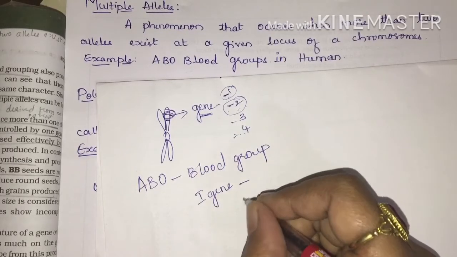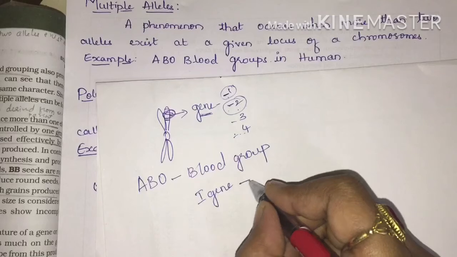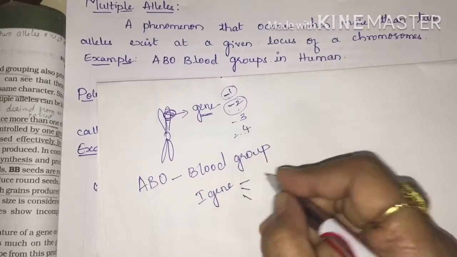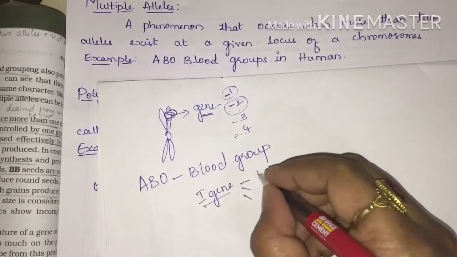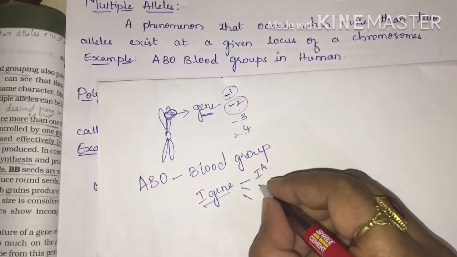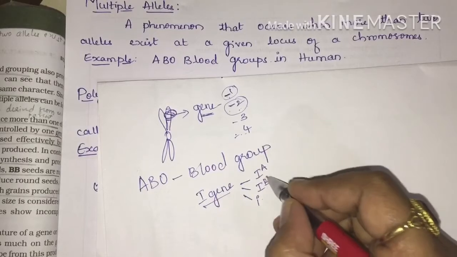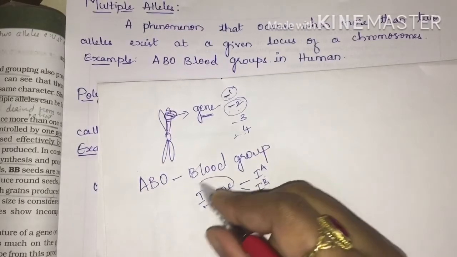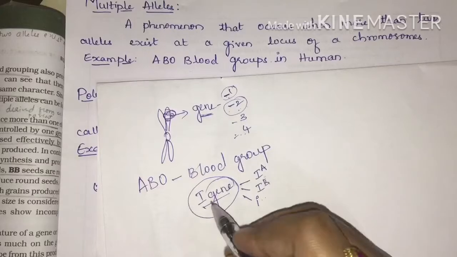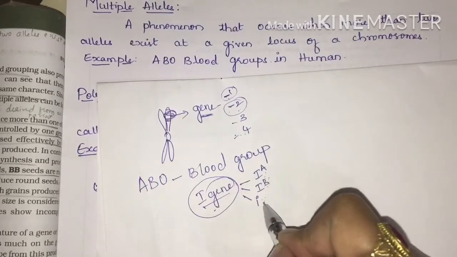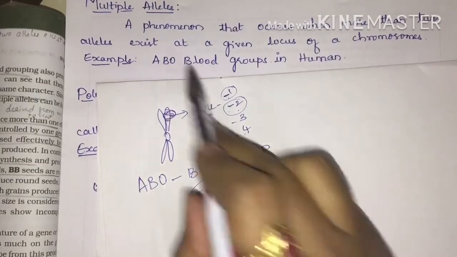Different types of sugars are produced, A and B. So the I gene has three different types of alleles. This is one gene with three alleles. These three alleles are IA, IB and a small i. These are the three alleles present in the I gene. One gene with more than two alleles, we call it multiple alleles.